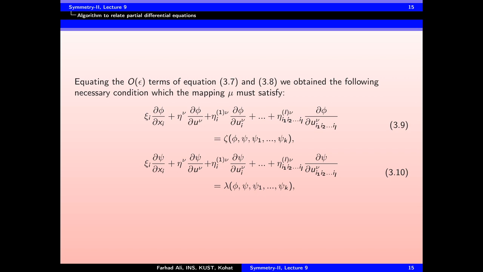So what is the main technique? We equate equations 3.7 and 3.8. Explicitly they imply 3.9 and 3.10.